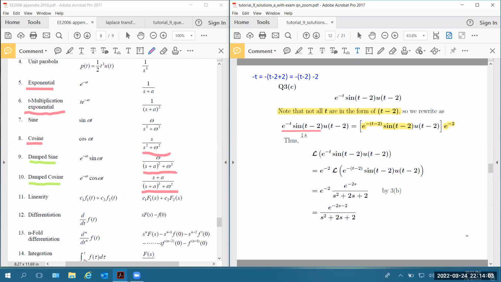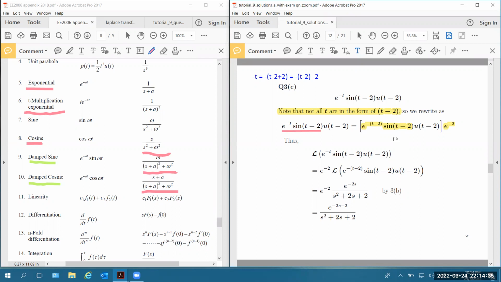Your e to the power minus t sine t minus 2 u(t minus 2) is equal to this thing, right? Yeah, I got that part, but how are you able to separate the e to the power negative 2 outside of the transform?